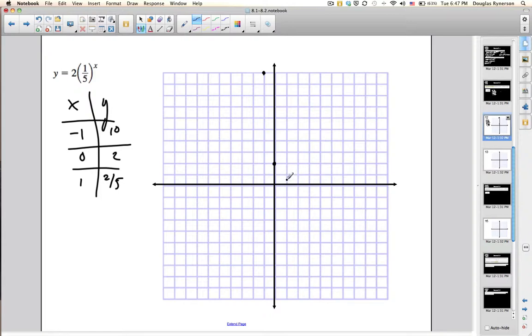This is very similar, but instead of being horizontal as we approach negative infinity and vertical as we approach positive infinity, that relationship has reversed because of the inversing of the base of the power. So a growth function switches from horizontal to vertical, and a decay function switches from vertical to horizontal as we move from left to right.